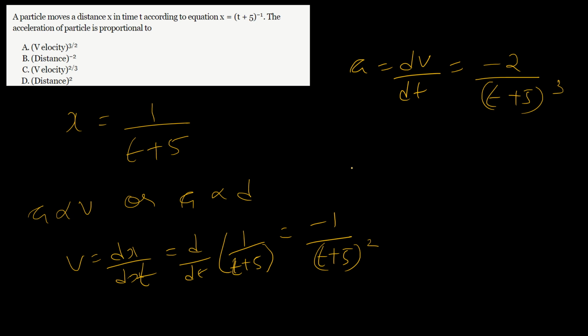So let's do one thing. I'm going to write like this. a is equal to, in terms of v, minus 1 by t plus 5 the whole square. This is actually v, but when I include some particular terms here, I can make it in the form of a, right? So I have to include 2 here. Okay, but it's cube here. Sorry for that, one second. Okay, here I can give like this.